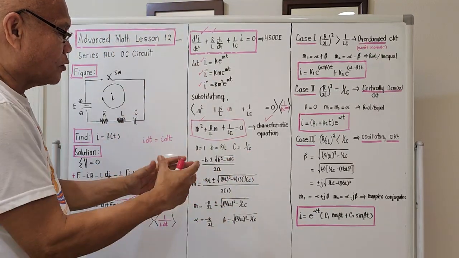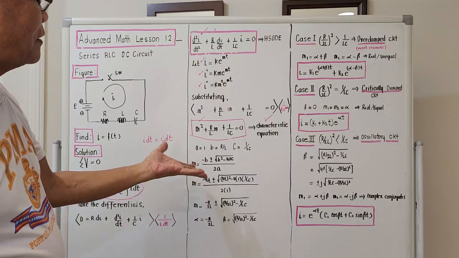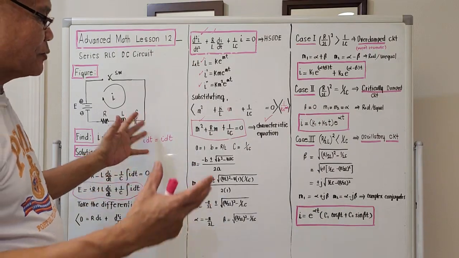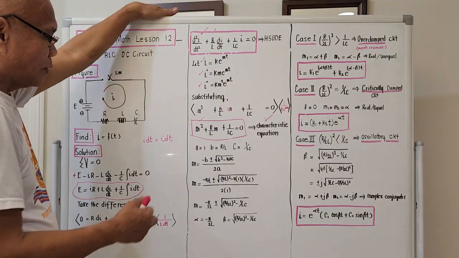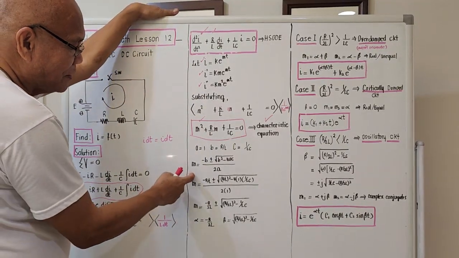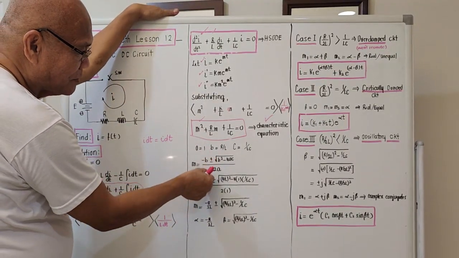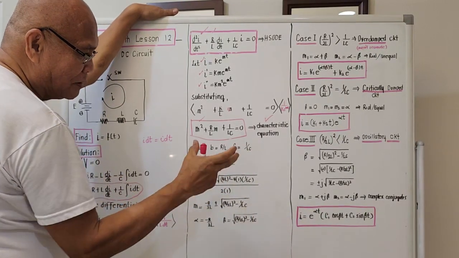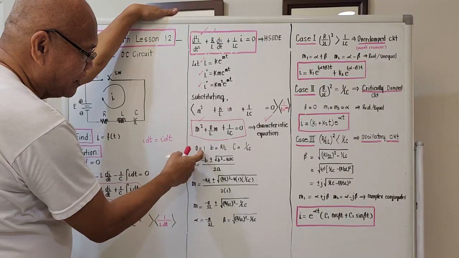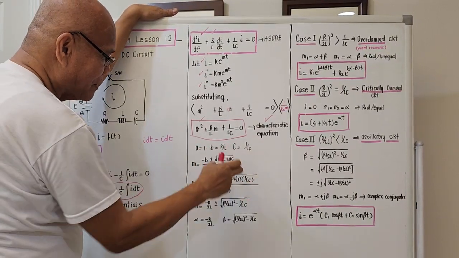So if we try to compute for the value of m, I think we could not factor this out by inspection, so we will be using the so-called quadratic formula. The quadratic formula is actually m equal to negative B plus or minus the square root of B squared minus 4AC over 2A. Substituting values for A, B, and C back here.